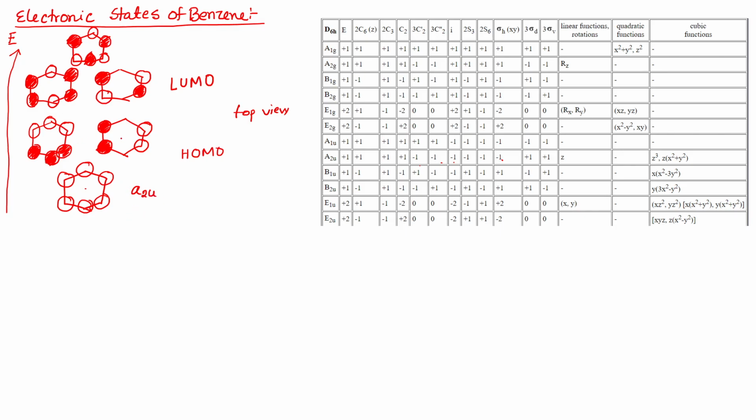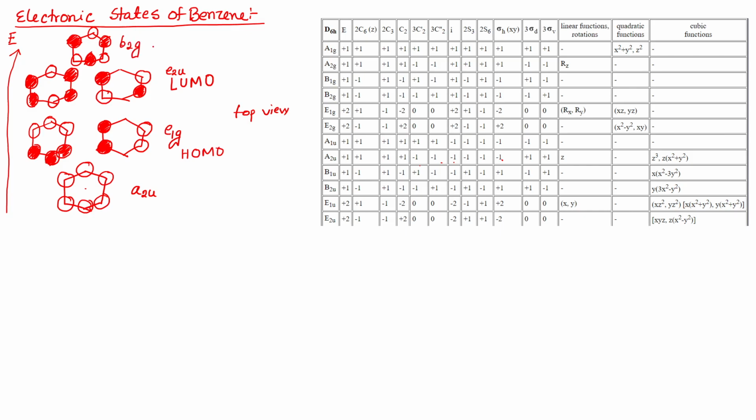And these two together, their symmetry is going to be E1G. And similarly for the LUMO, it is E2U. And for this case also you can check, it is going to be B2G.